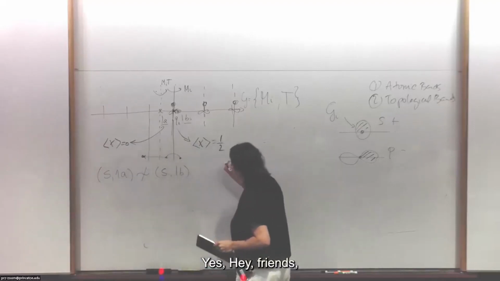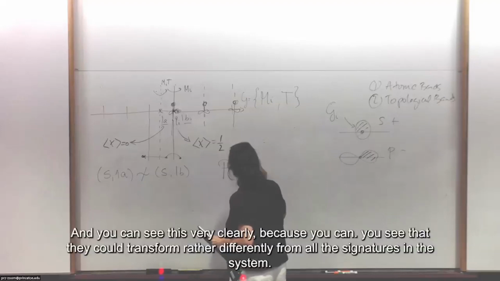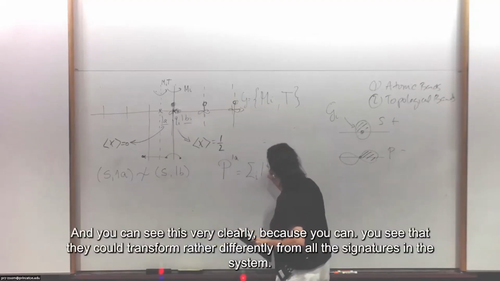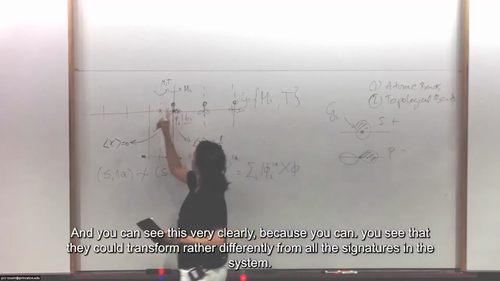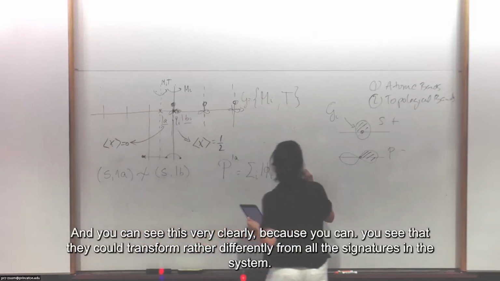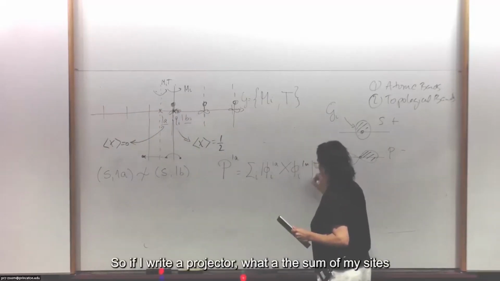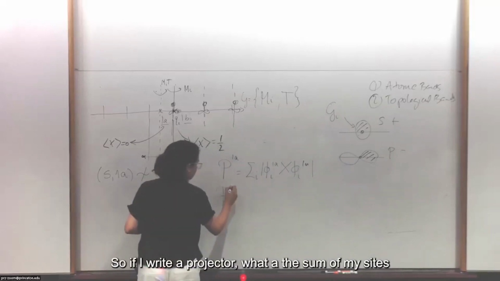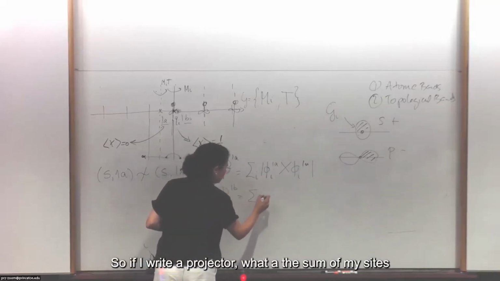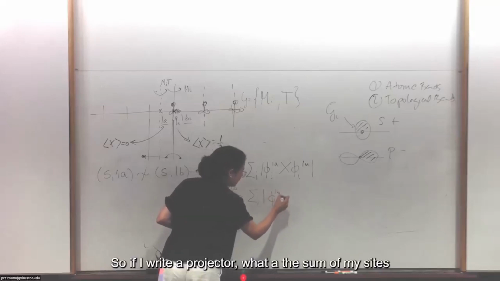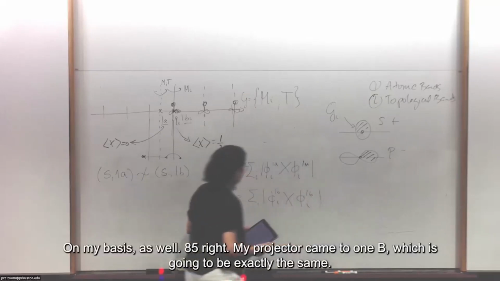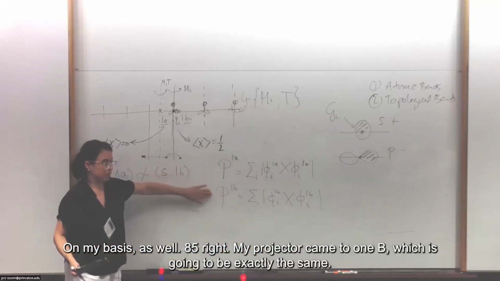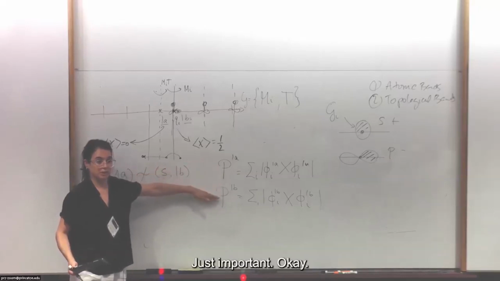So if I write a projector into 1A as the sum of my basis states, which are just going to be a bunch of s orbitals on here, and so on, and if I write my projector into 1B, which is exactly the same, just in 1B, these two projectors span different spaces.